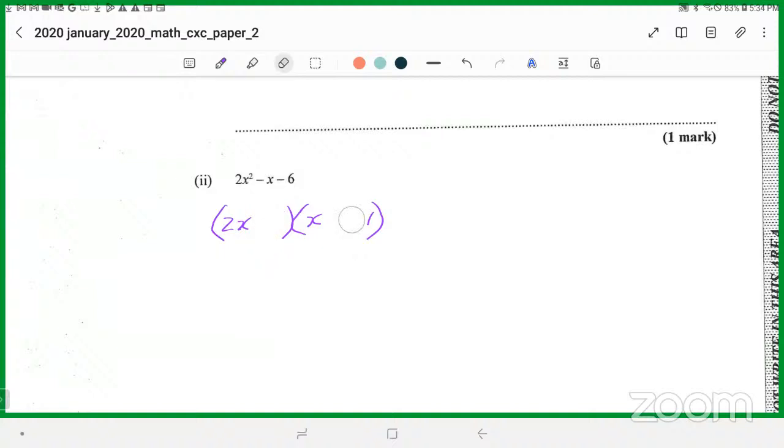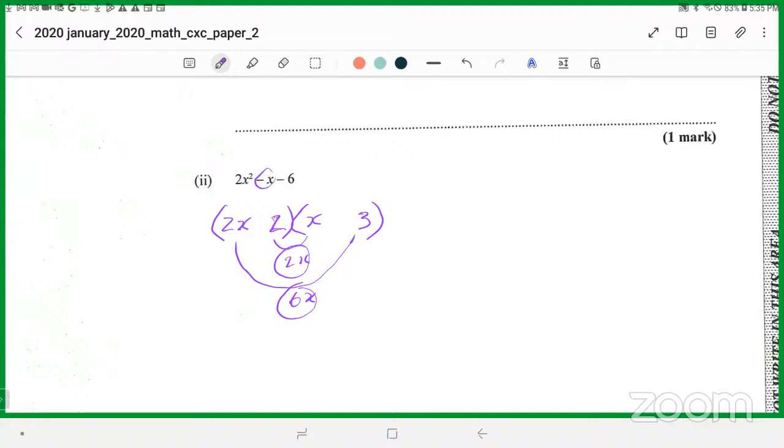So the only factors you have left for 6 are 2 and 3. Suppose I put the 2 here and the 3 here. This product is 2x, and this product is 6x. The difference between 6x and 2x is 4x.